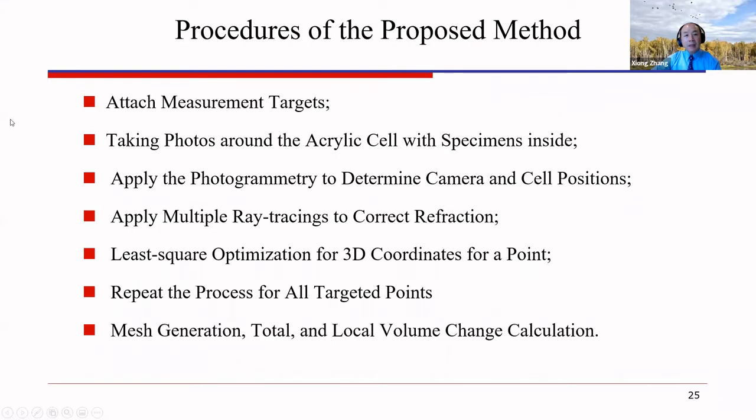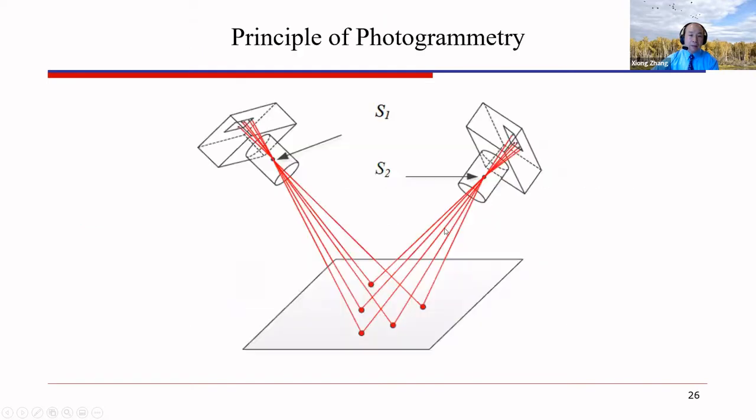You just need to post the coded targets on the acrylic cell, and use the membrane with coded targets printed on it. And then you can take pictures around the acrylic cell with the soil specimen inside. And then the rest is the computer program, which can help you to do the analysis.